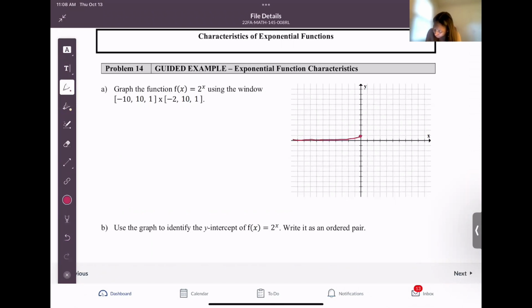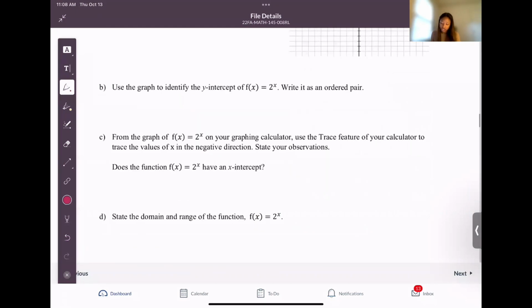Let me put in a couple of points that are actually on here. The graph would look like this, increasing super fast, getting close to the x-axis but not touching.